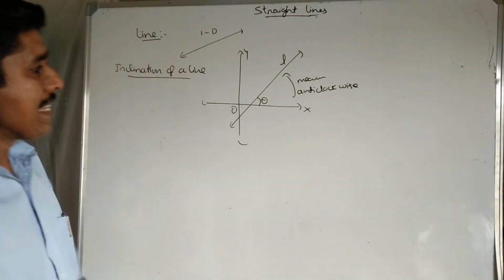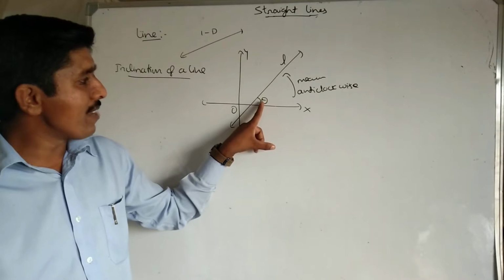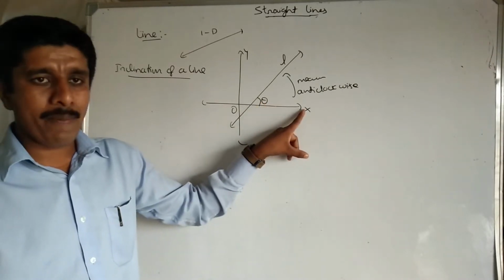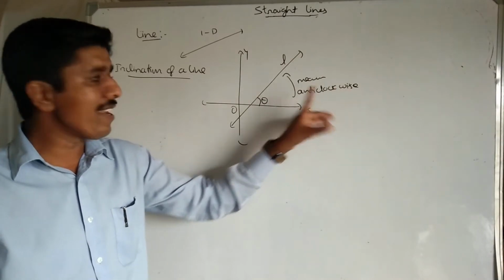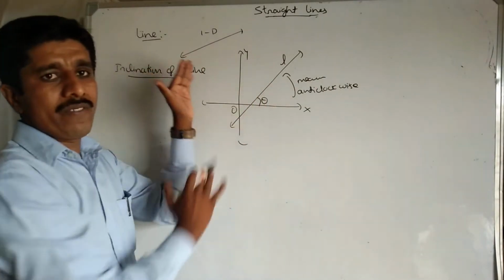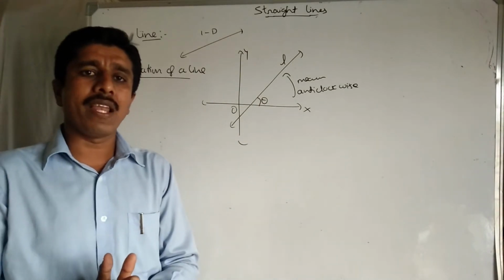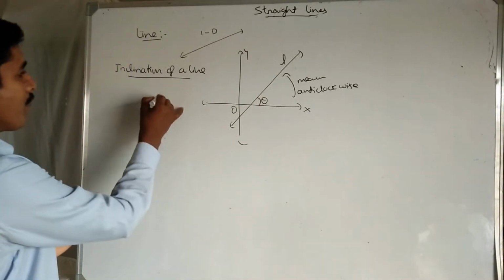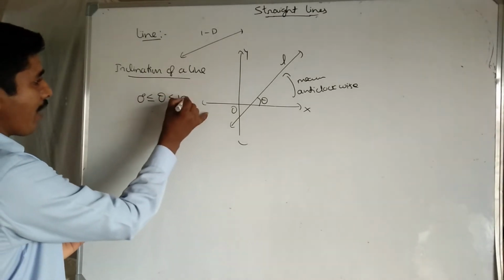Then we say that theta is called the inclination of the line. Theta value varies from greater than or equal to 0 degree to less than or equal to 180 degree.